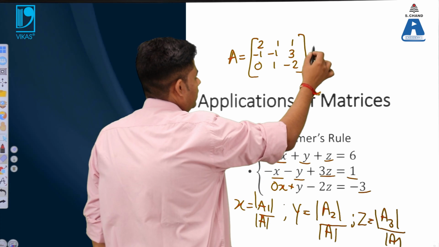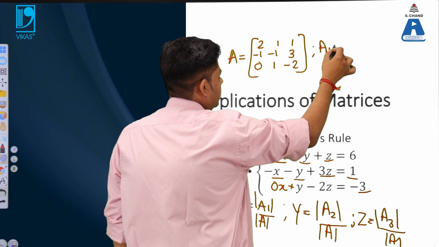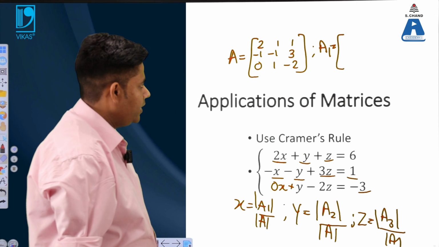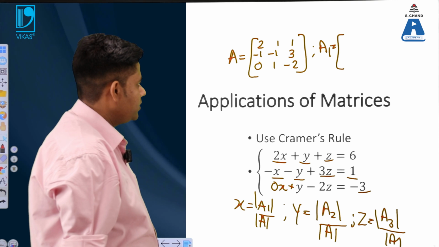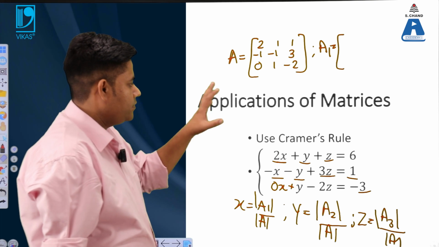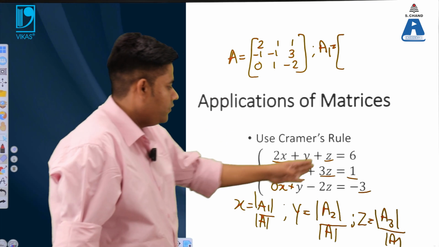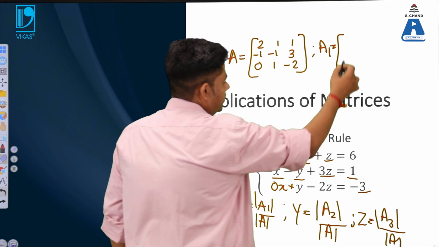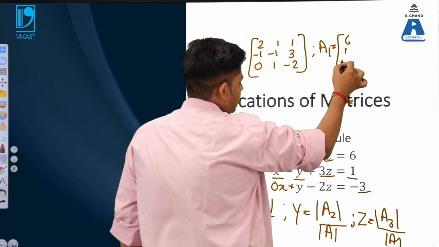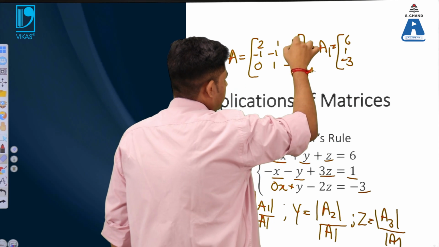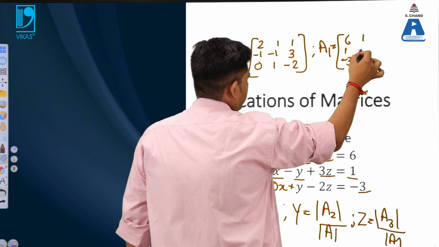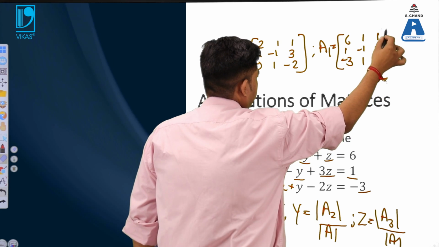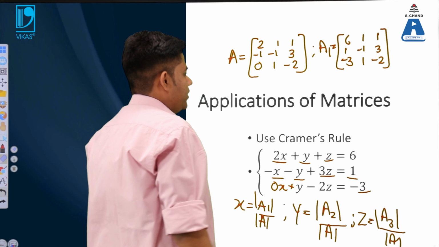So for A1, as I have explained in the previous slide, A1 is the replacement of the first column with these constants. So 6, 1, and minus 3 is to be replaced in the first column, and the remaining part is the same, 1, 1, 1, 3, and minus 2. 1, This is your A1 matrix.